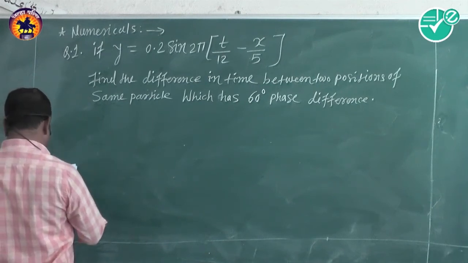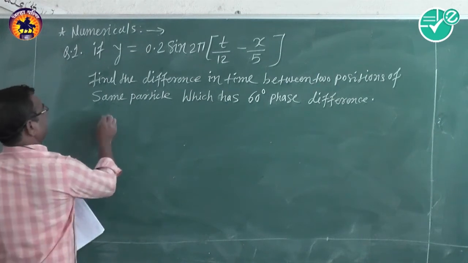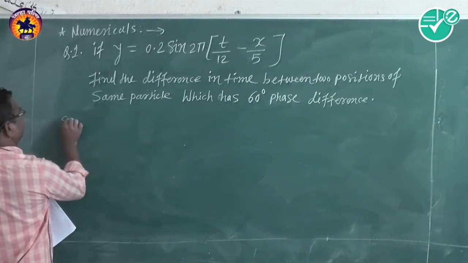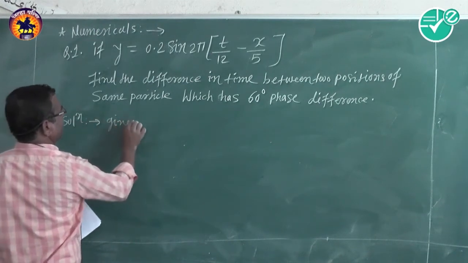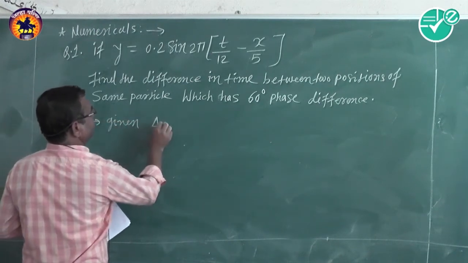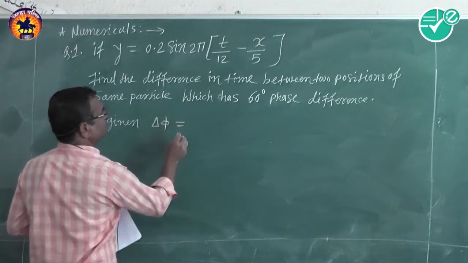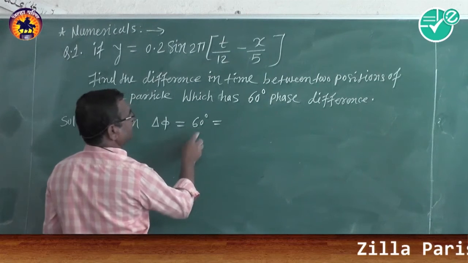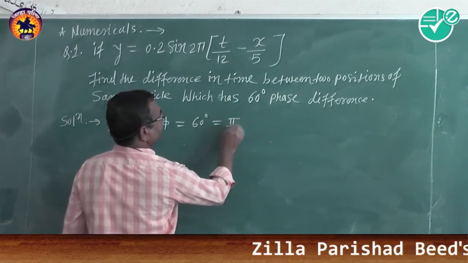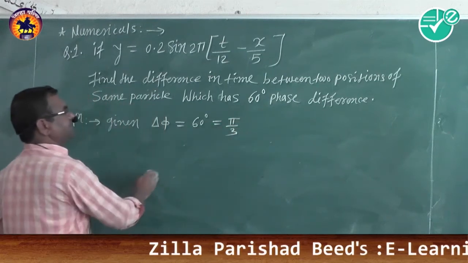Here we are given the phase difference delta phi is equal to 60 degree. It is equal to pi by 3. 60 degree means pi by 3.